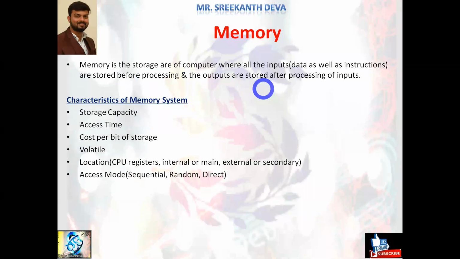You're all familiar with memory, right? See what exactly memory is and how it helps in a computer. Memory is the storage area of a computer where all the inputs are stored before processing and the outputs are stored after processing.